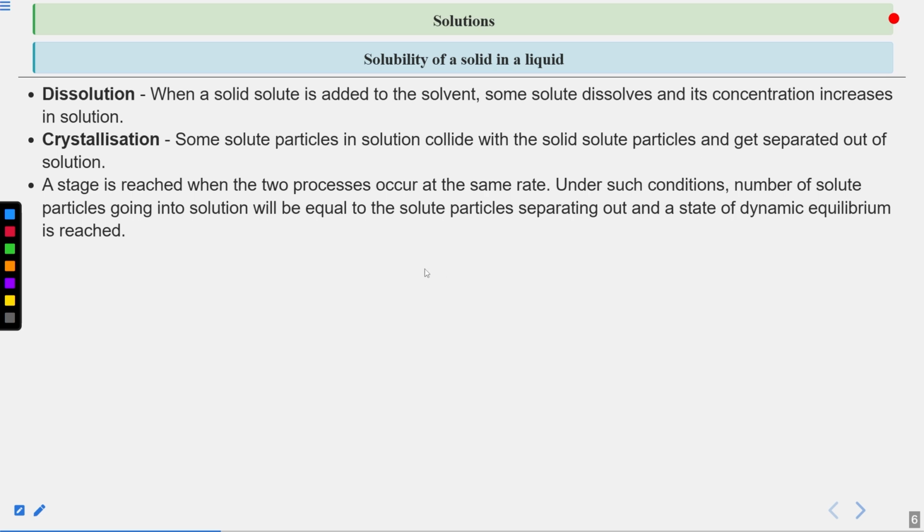It is when the rates of the forward and backward processes, here physical processes, the dissolution and crystallization of a solid in a solvent, are the same. Here is an equation describing this dynamic equilibrium. You can see that the solute and the solvent constitute the solution and they are reversing back to the initial form also.